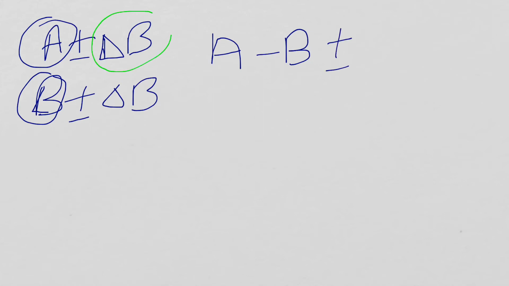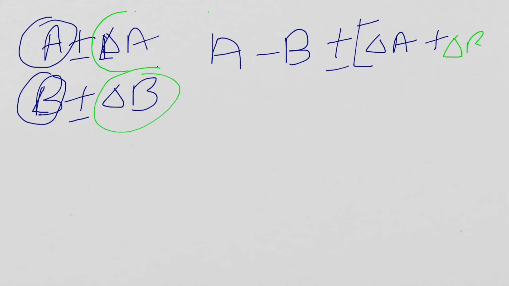So first this minus this: A minus B, then plus or minus, and in a square bracket we take delta A plus delta B. So we can solve this using this equation.